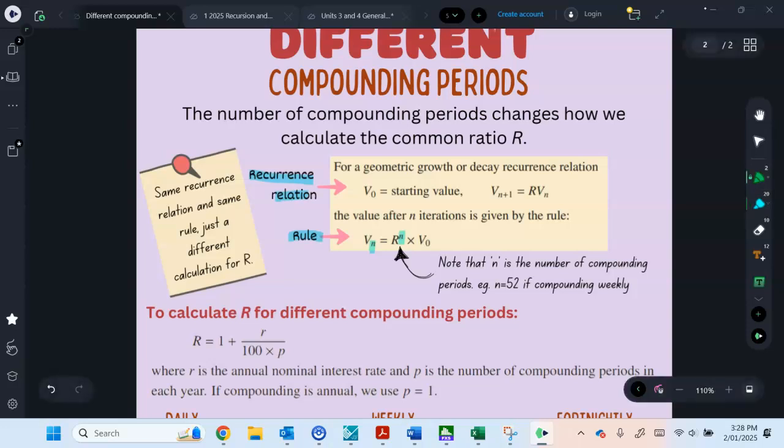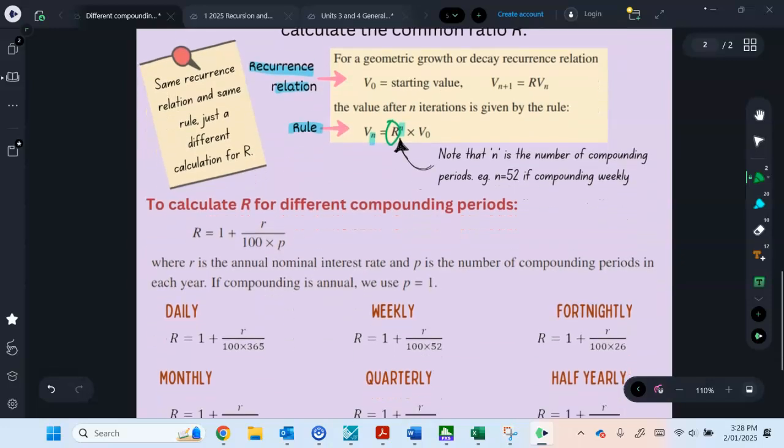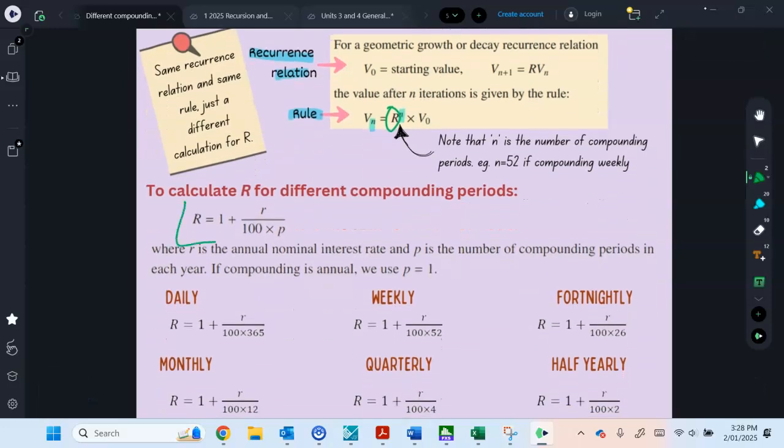Now your common ratio will depend on what your compounding period is. So you just use this rule here. Your common ratio is equal to 1 plus r over 100 times p, where p is how many compounding periods you have each year.